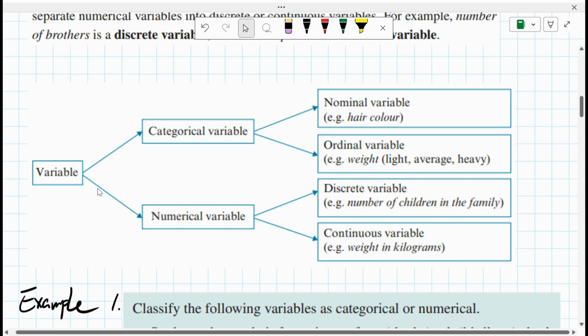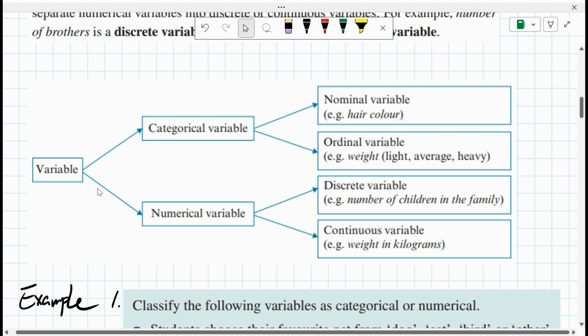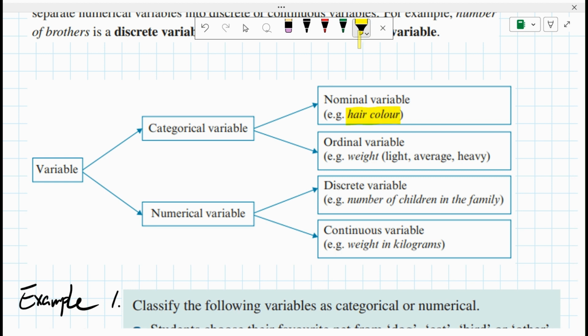And luckily, we have a quick tree diagram to have a look at it in total. I'm going to highlight something for you. For categorical data, hair color is a nominal variable, and weight, which is light, average, heavy, is an ordinal variable, because you can put it in order, like light to heavy, or big to small.